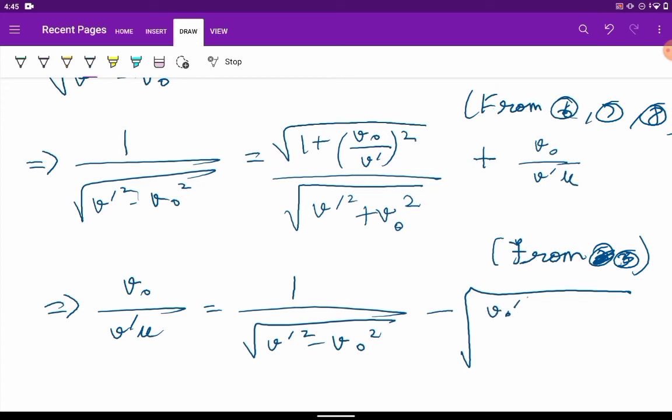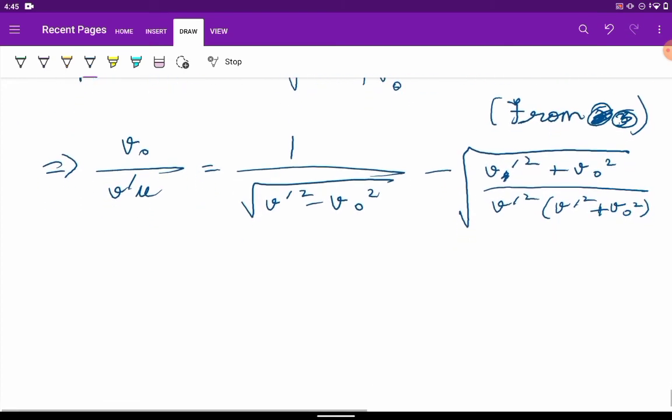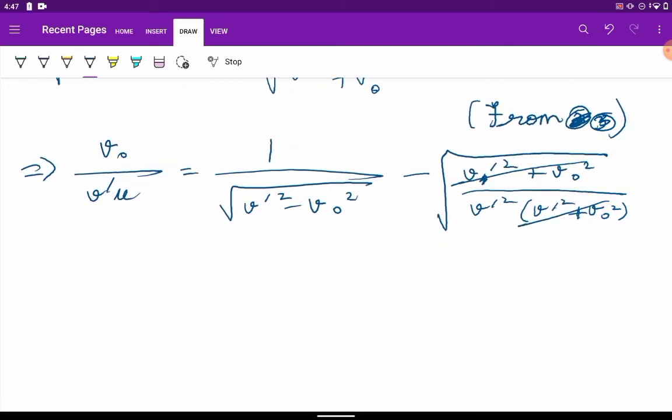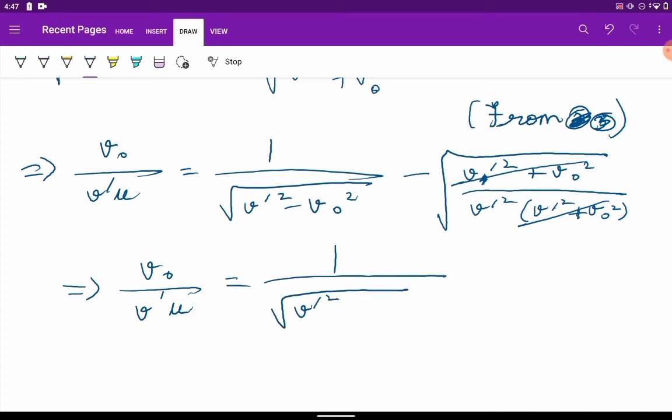So it becomes v dash square plus v naught square, okay, this is v dash square and v dash square into v dash square plus v naught square. Okay, then this cancels out, so it simply becomes v naught by v dash u equals 1 by root over v dash square minus v naught square minus 1 by v dash.